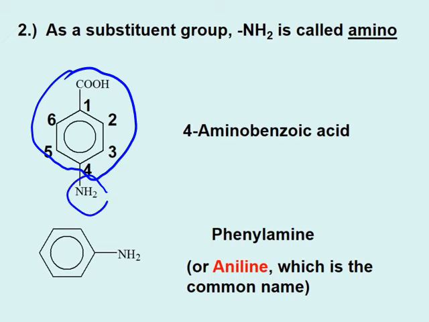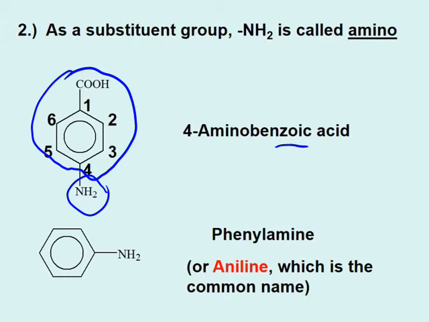Now you have amino group at the 4th location because carboxylic gets 1. So obviously 4th location you have amino group because we're naming it as a benzoic acid, as an acid. So that's why benzoic acid group, COOH group, would get 1. So this is 4-amino benzoic acid.